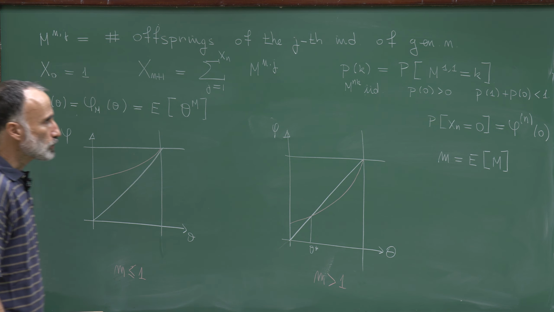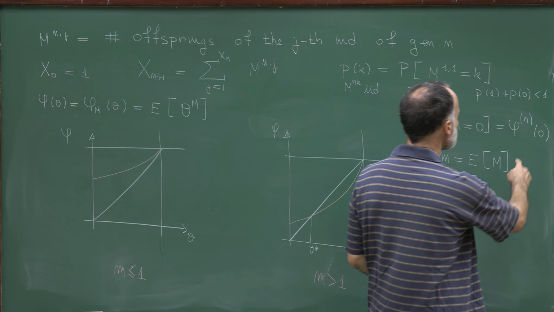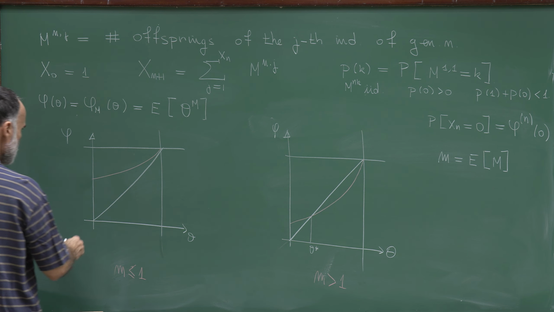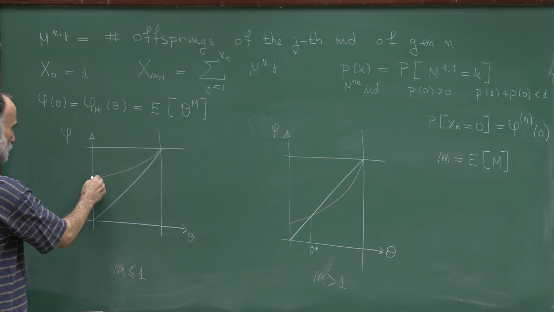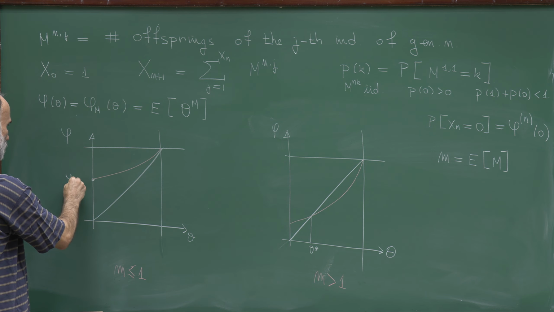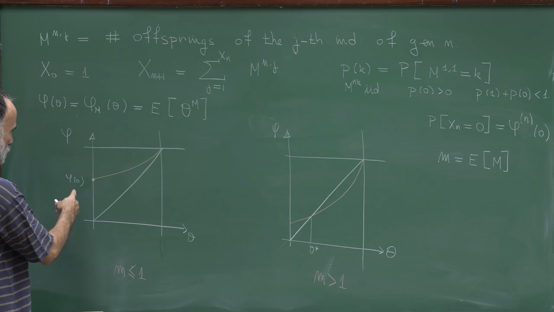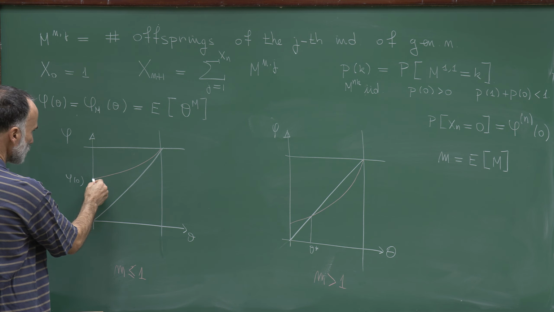Now, we can compute phi n of 0. Let's start with phi of 0. Here's 0, so phi of 0 is this value. Now I want to compute phi 2 of 0. How do I do that? Well, this is phi of 0.